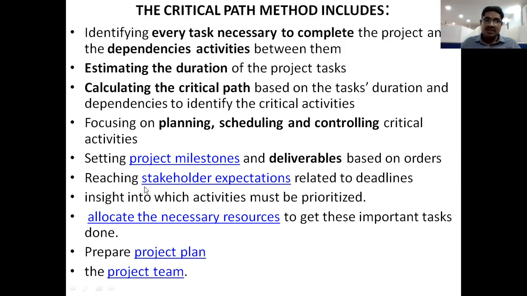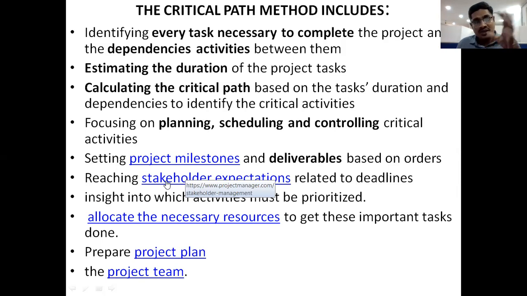Next, reaching stakeholders' expectations. Stakeholders means the company board of directors, company chairmen or owners, as well as whoever relates to the company. Those persons are called stakeholders.